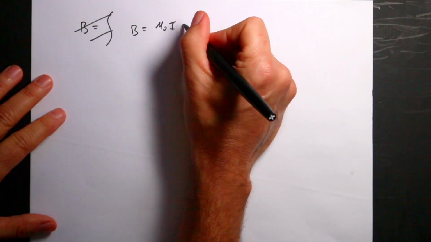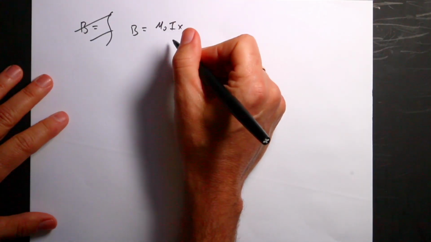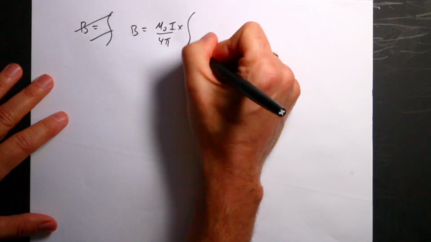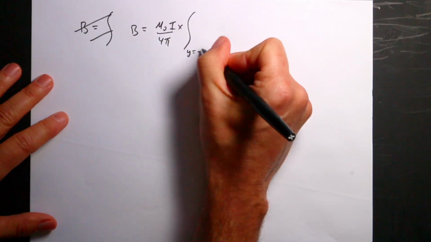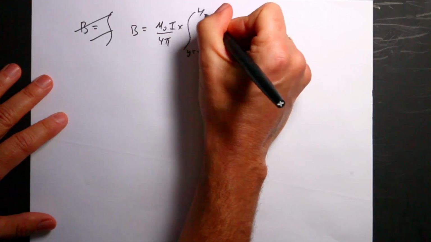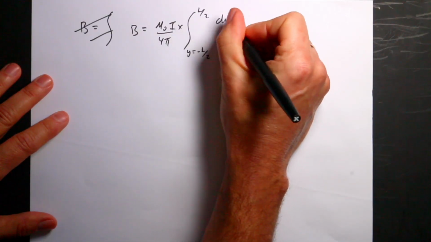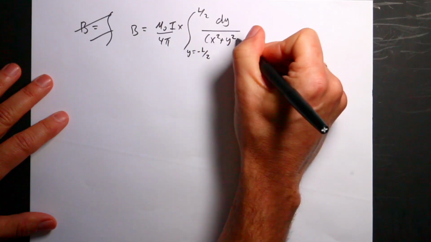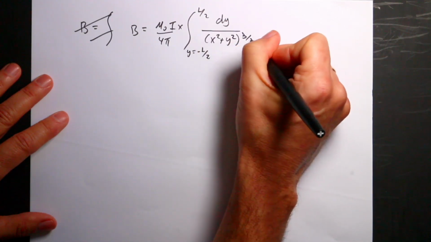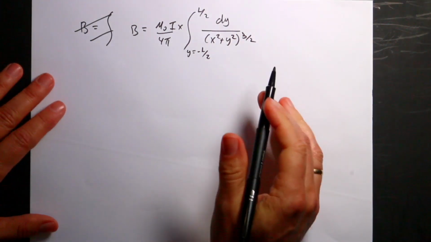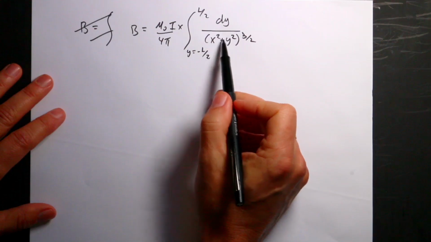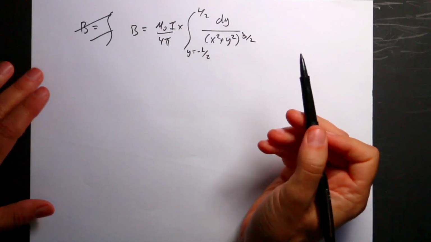So I pull that out front, x, and that's over 4 pi. Now I can integrate from y equals negative L over 2 to L over 2, and I have dy over x squared plus y squared to the 3/2. Okay, so that's not trivial. You can't do u substitution, right? Because the derivative of this is not up there.